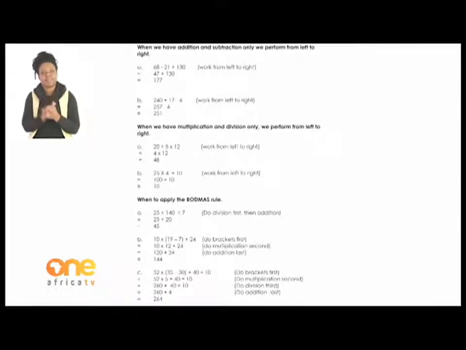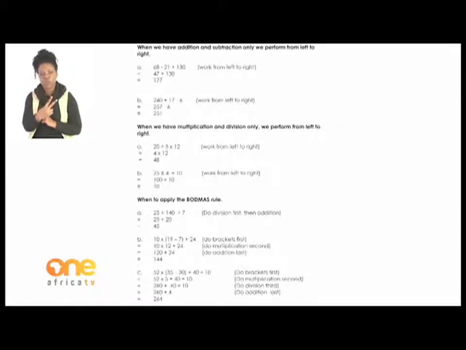So now we're going to do the addition part first. So we're going to say 240 plus 17, that part we're going to do first, and that equals 257 minus 6. Now we do the minus part, and we say 257 minus 6 equals 251.